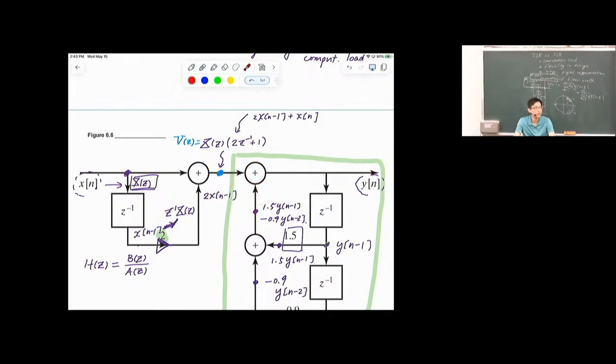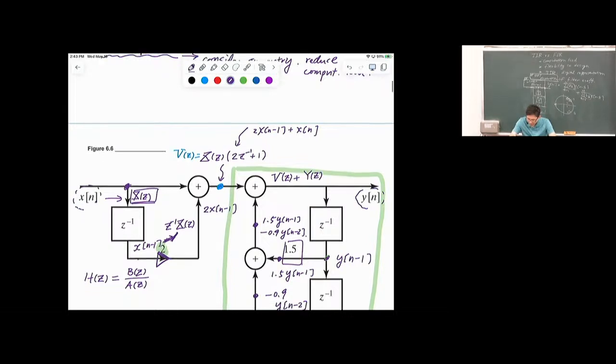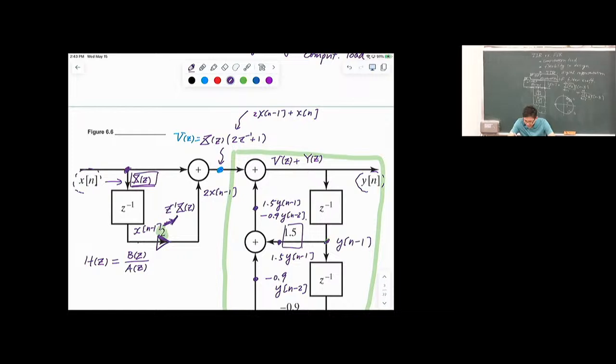It turns out it should be easier to represent this as V of z plus Y of z times 1.5 z inverse plus the polynomial minus 0.9, minus, not plus.